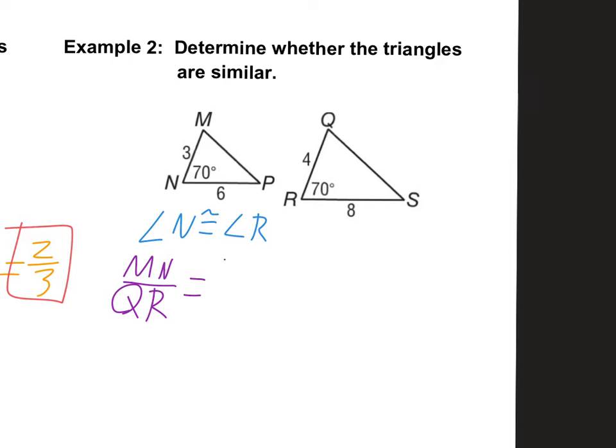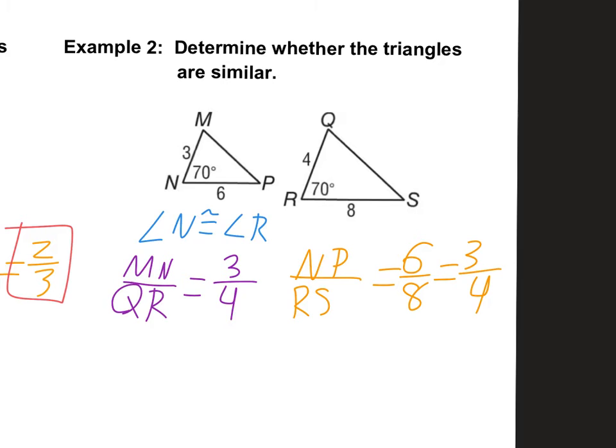Well, MN is 3, QR is 4, that's fully simplified. Then NP to RS, that's equal to 6 over 8, which simplifies down to 3 over 4.